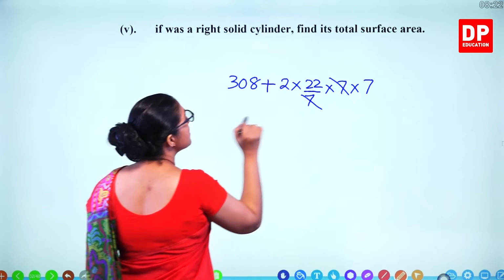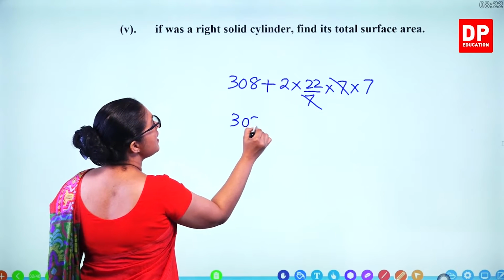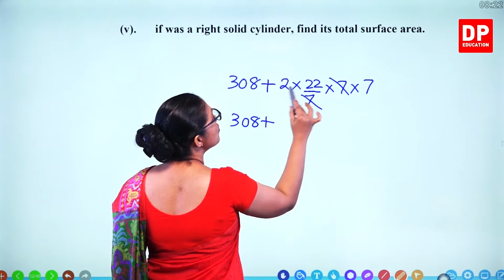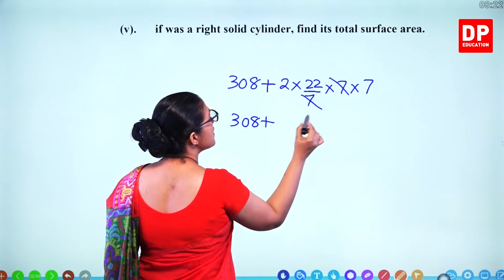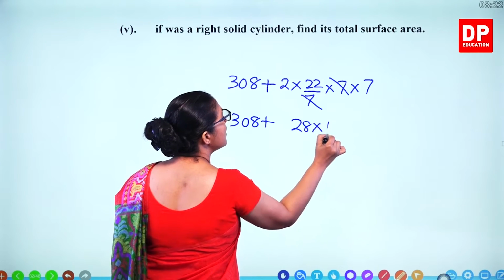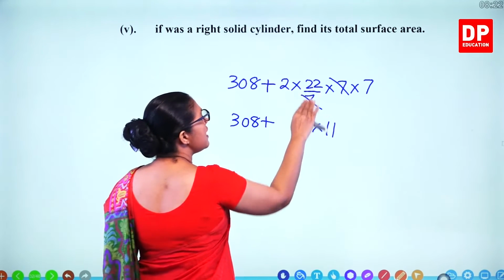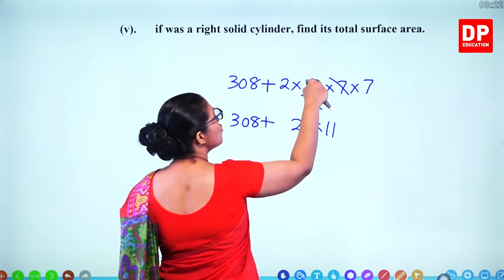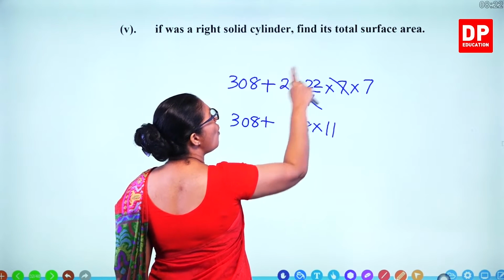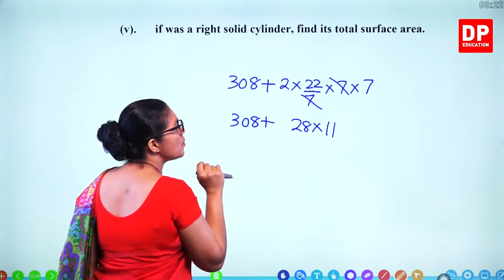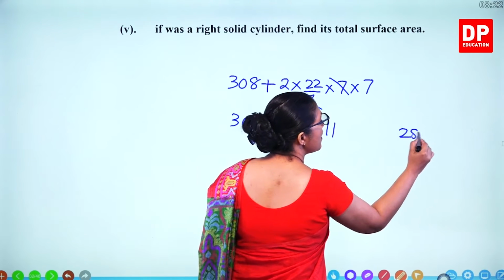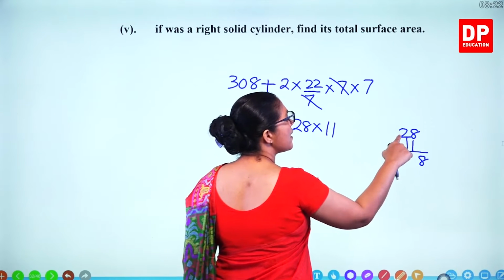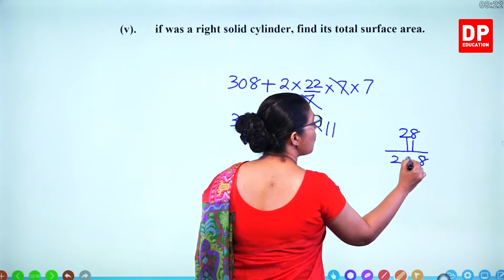One 7 gets cancelled out, 308 plus, here you can multiply by 2 and 2, 4. 4 times 7, 28 times 11. Because I want 11, it's really easy to multiply by 11. So, I took 2 from here, 2 times 2, 4, 4 times 7, 28. So, 28 times 11 means you split the two terms like this, 8 plus 2, 10, 1 remaining.